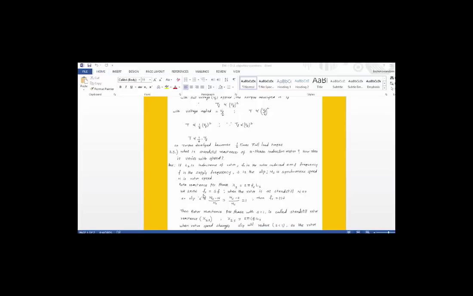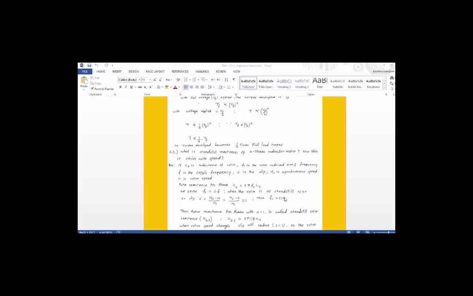We know rotor frequency Fr is equal to slip into supply frequency F. When the rotor is at standstill, that is rotor speed N is equal to 0, then the slip S becomes Ns minus 0 divided by Ns, which is equal to 1.